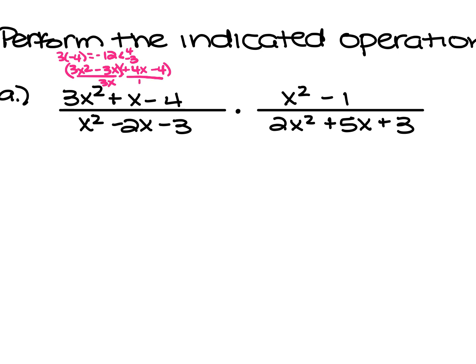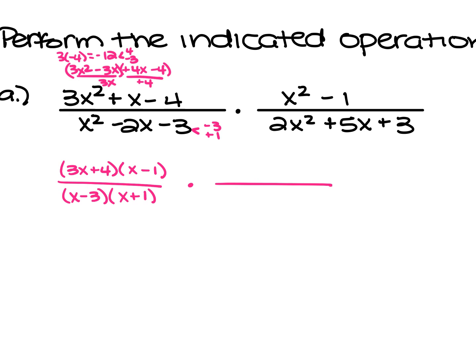Factor out a 3x and a 4, and that'll give you 3x plus 4 times x minus 1. In the bottom of that first fraction, your factors of negative 3 that add up to be negative 2 are negative 3 and positive 1. So that's x minus 3 times x plus 1.